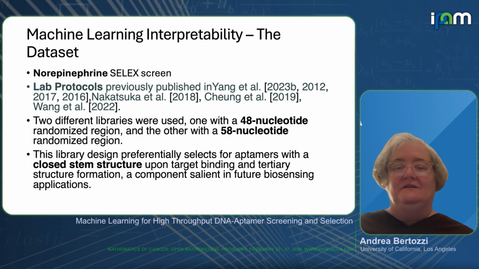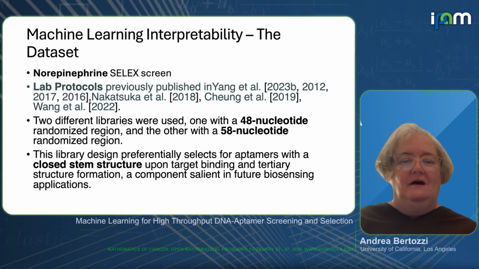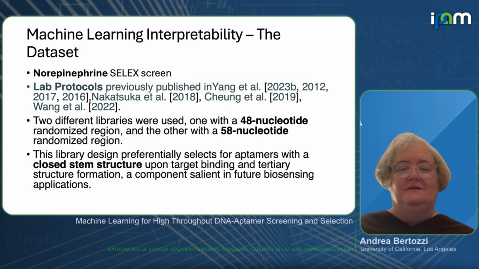Right, so the data set. We have some other data sets we're working with now, but the one that we've published comes from a norepinephrine CellX screen. The work on the CellX was previously published, and the lab protocols are in a number of different papers.